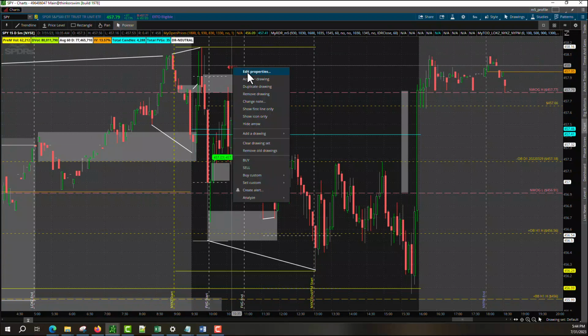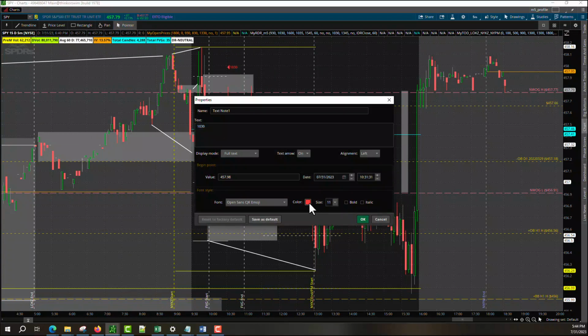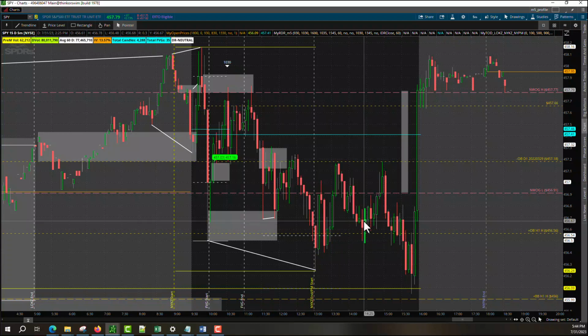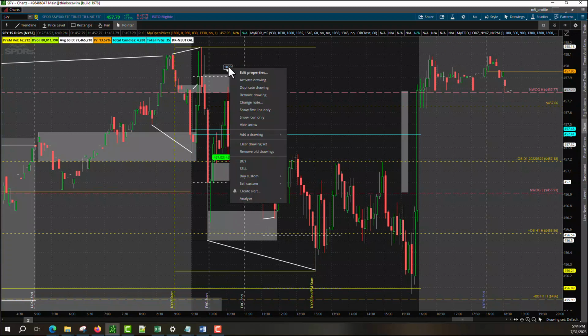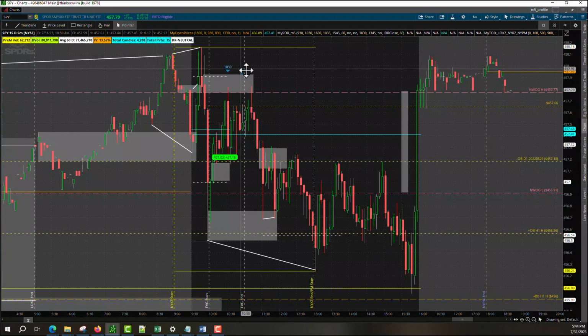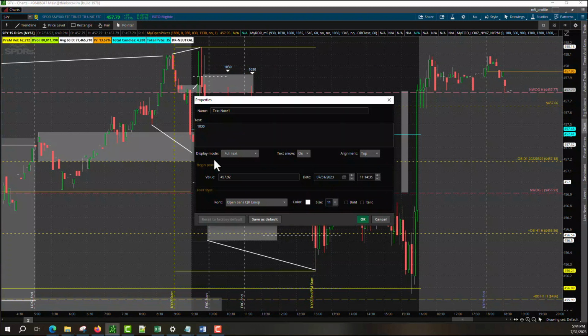What happened to this? Why is that color? Duplicate this one, and this one is 11:10.